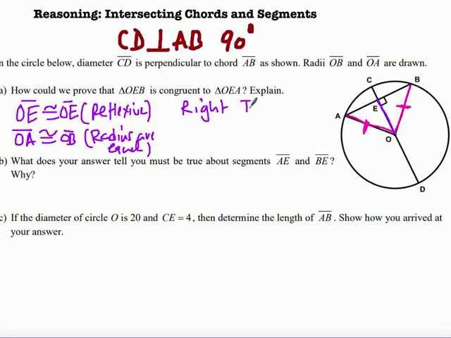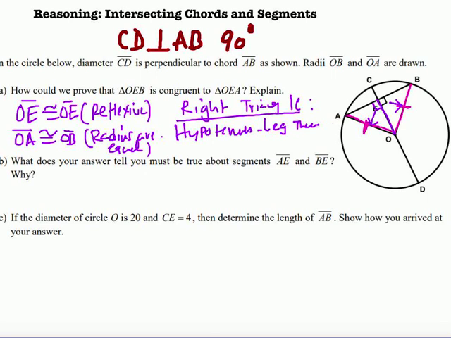And one of the theorems that shows triangle congruency is the hypotenuse leg theorem, which states that if the hypotenuses of two triangles are congruent, for example, this is the hypotenuse of this triangle and it's congruent to the hypotenuse of this triangle, and if one of the legs of the triangles are congruent, then the triangles must be congruent.